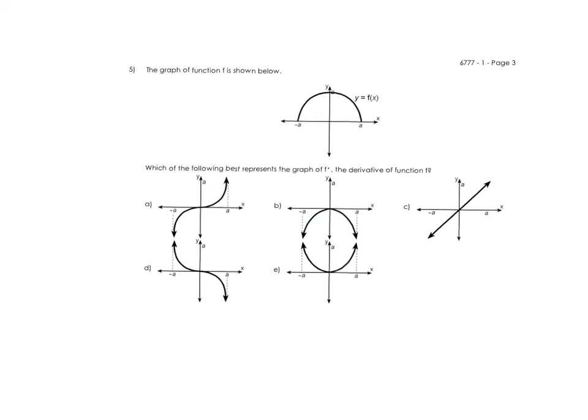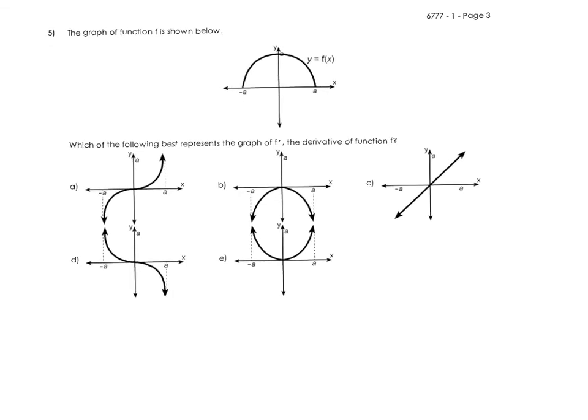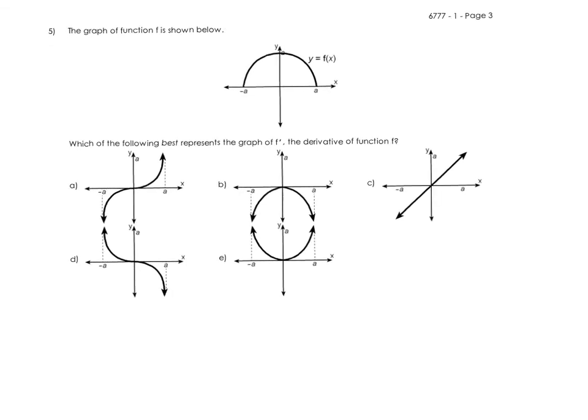Okay, number 5. This is the graph of the function. I'm looking for the graph of the derivative. Okay, if I were to draw in a tangent line right here, I was leading to this last week as I was filling in that chart. If I were to draw a tangent line in right there, it would be a vertical line.